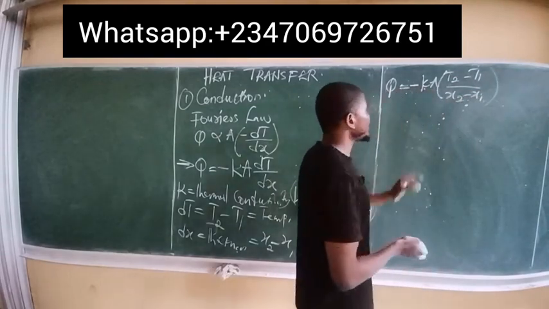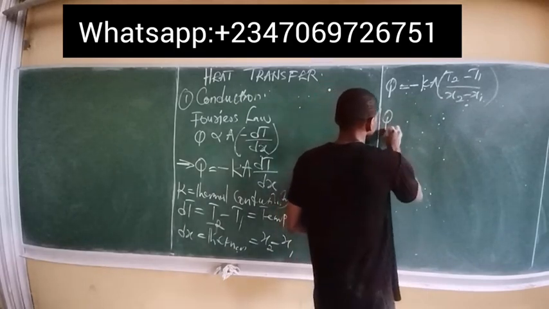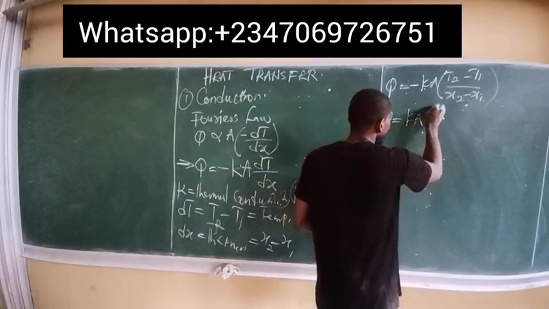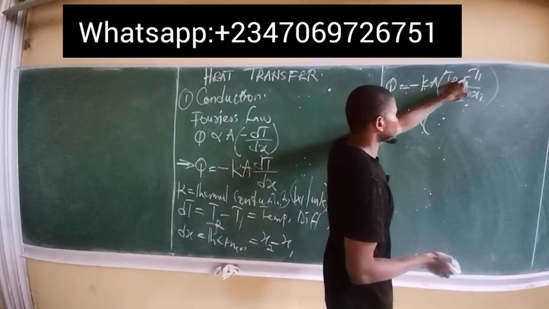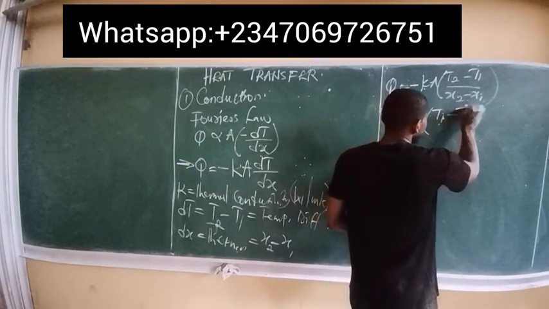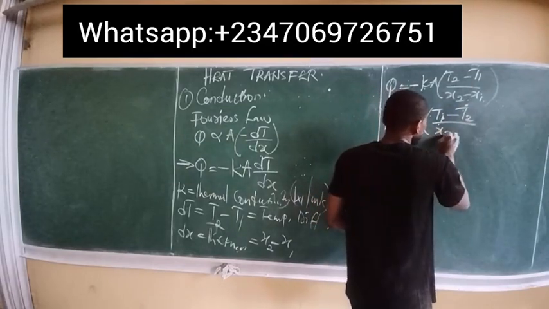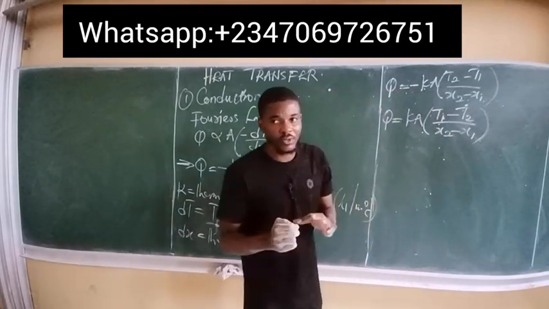If the negative sign goes into the bracket, minus times T2 becomes minus T2, and minus times minus T1 becomes plus T1. So Q is now equal to kA times (T1 minus T2) over (x2 minus x1). This becomes the heat transfer through a solid body.